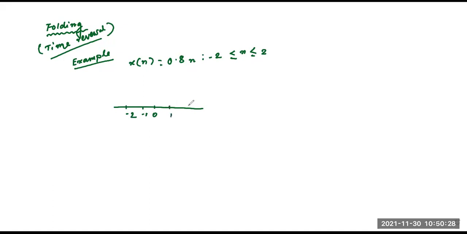This is 2. Now the value of n lies between -2 to +2. So let us draw the signal. This is our x of n.